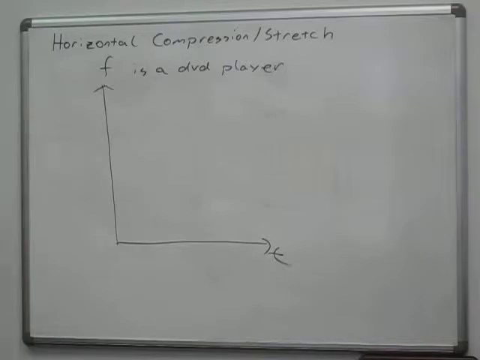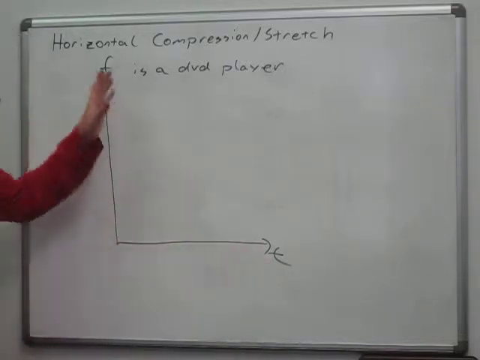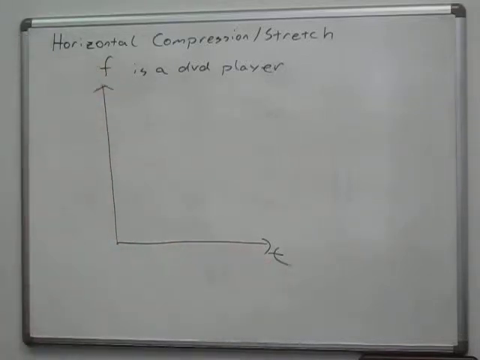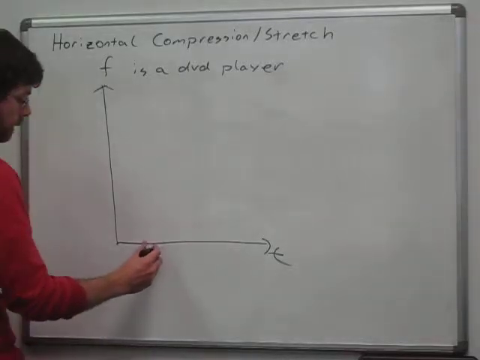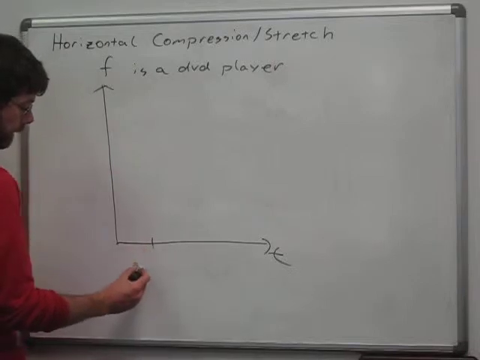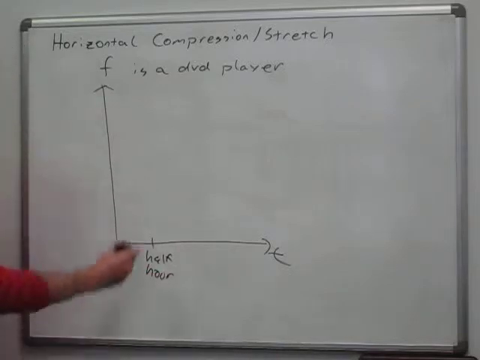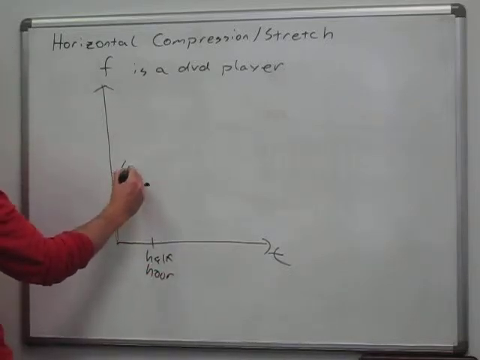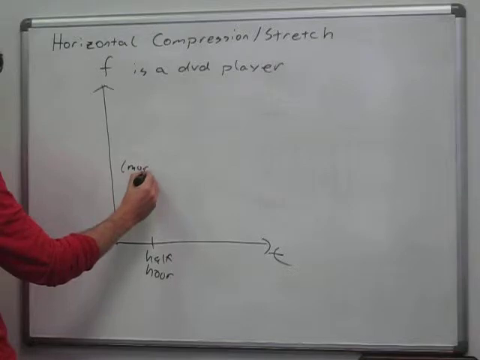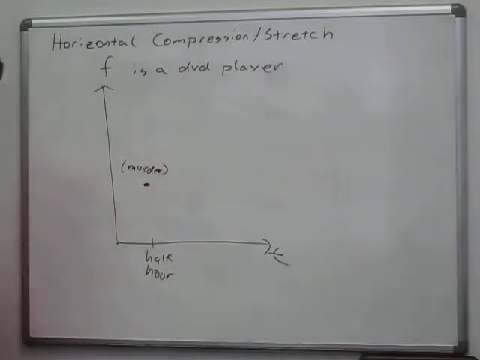And as time progresses, my function is just going to show me the movie, in regular time. So maybe at a half hour, there is some sort of murder that's been committed.